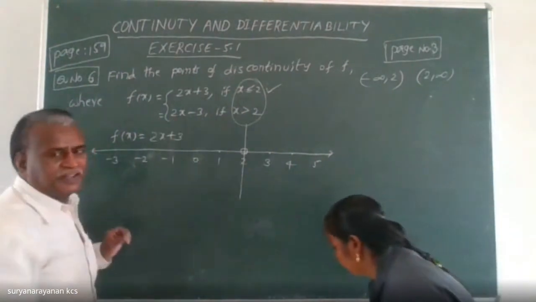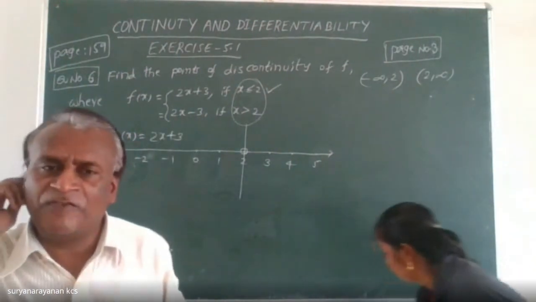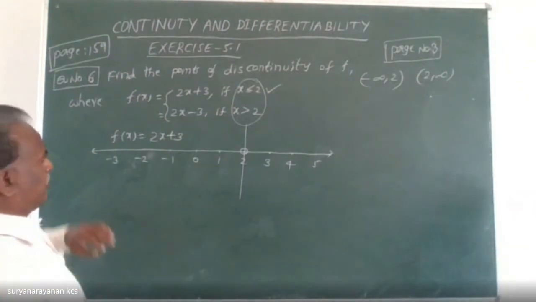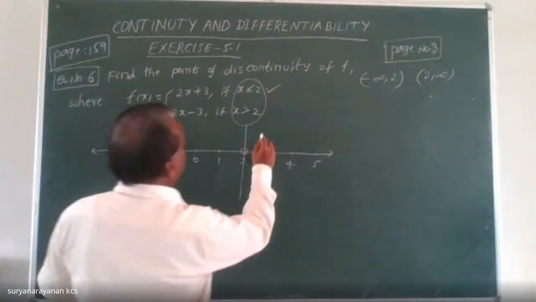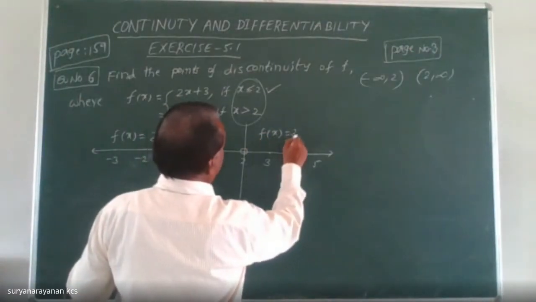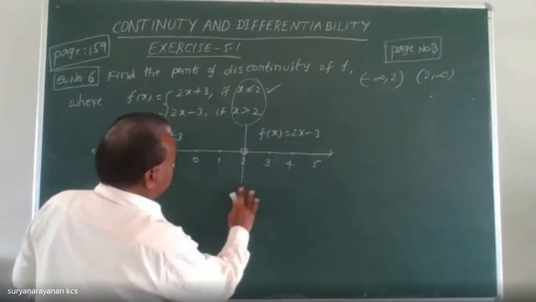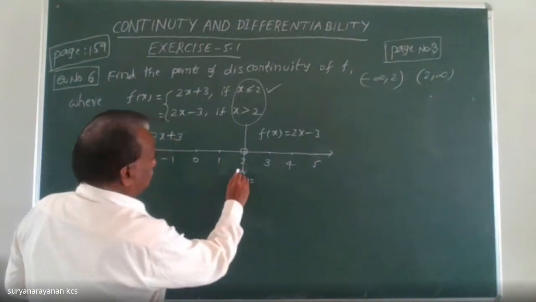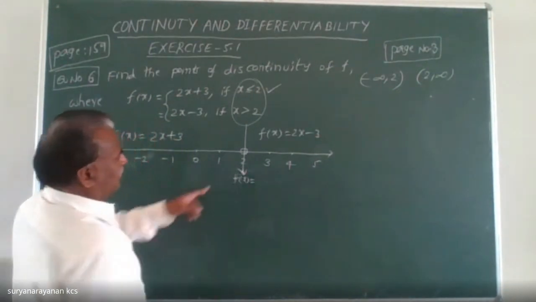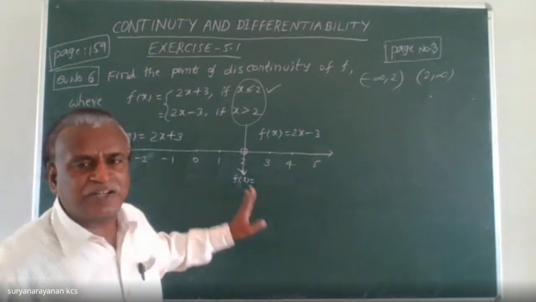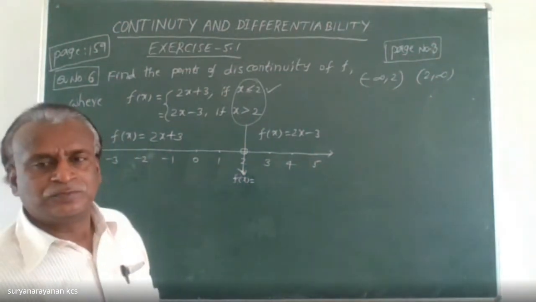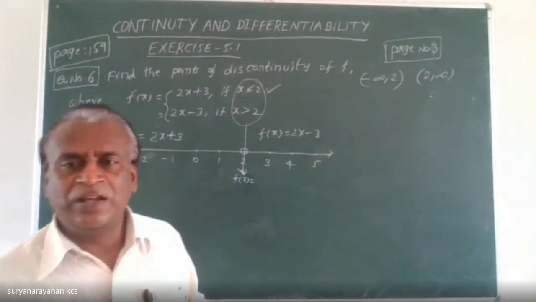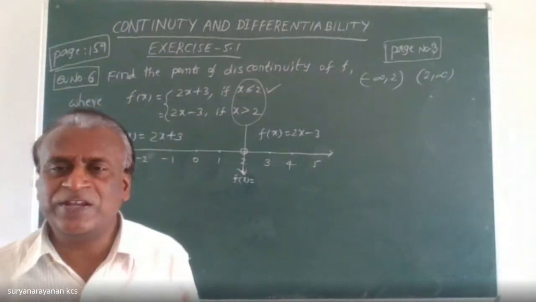If x is greater than 2, what is f of x? Yes, f of x is equal to 2x minus 3. Especially at this particular point, if x is equal to 2, what is f of x?